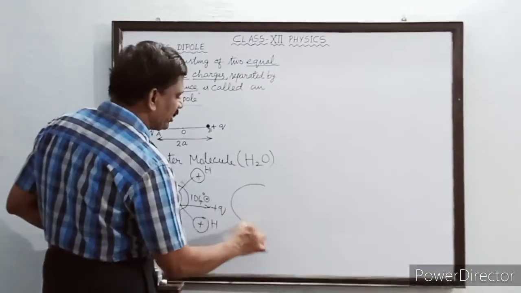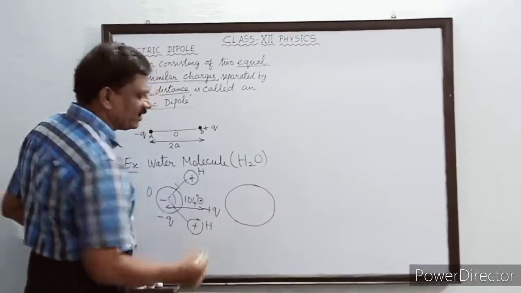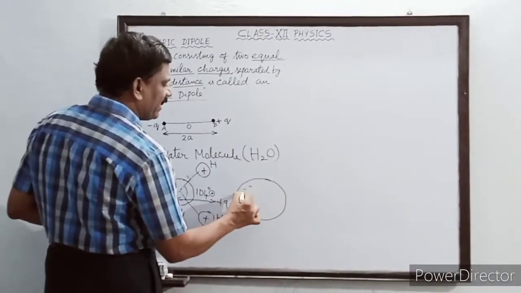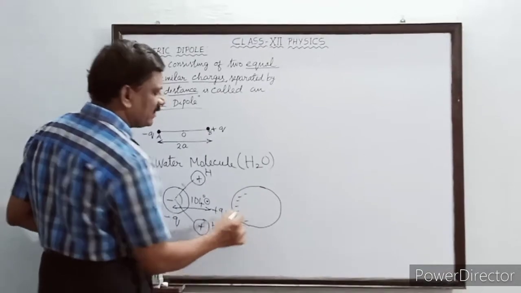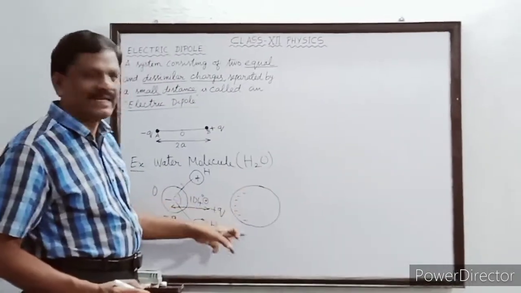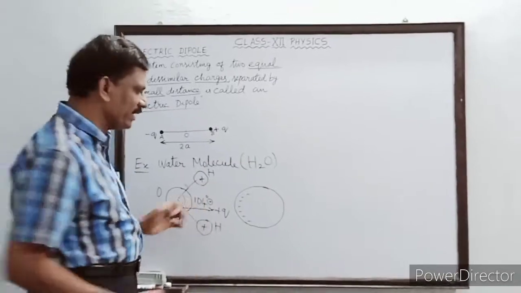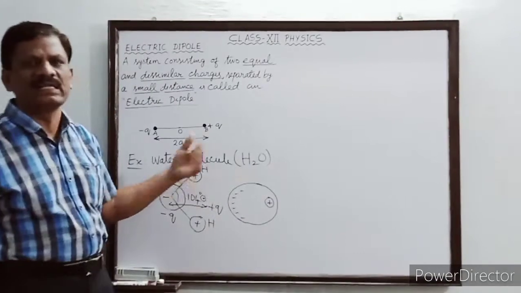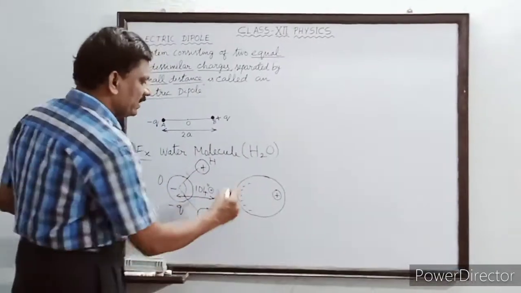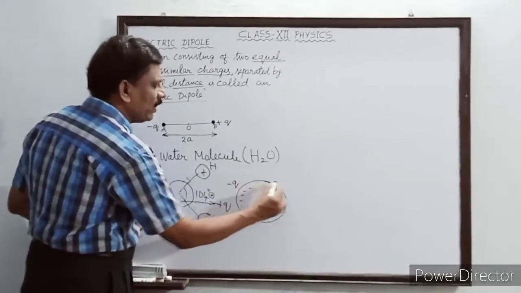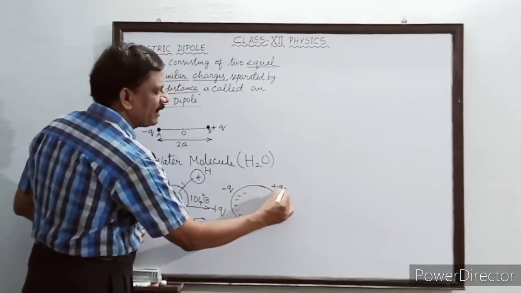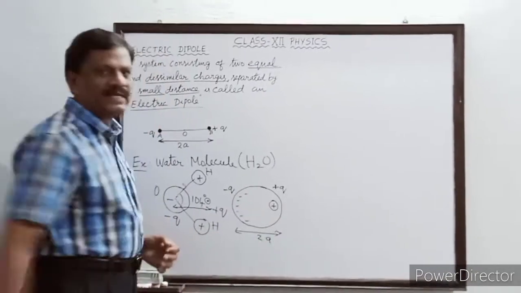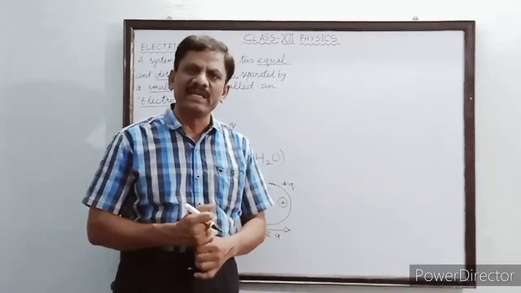The entire shape of the water molecule is oval, ellipsoid, so that the center of gravity of all the negative charges, or the electron cloud, will be shifted to one end of the molecule, while the center of gravity of the positive charges will be shifted to the other end, so that this end will have a charge of minus q and this end will have a charge of plus q, and these two are separated by a distance 2a, so that the water molecule is now behaving like an electric dipole.